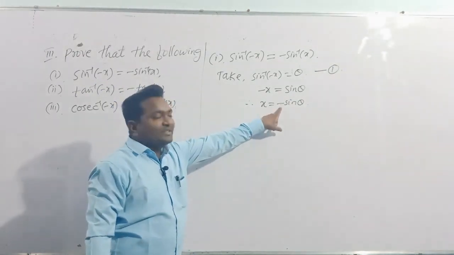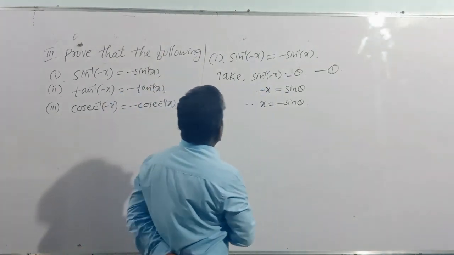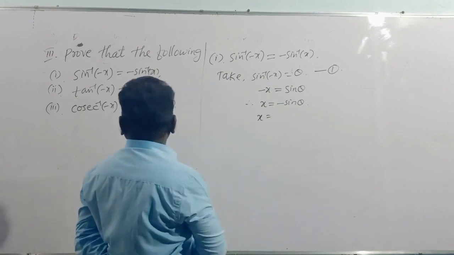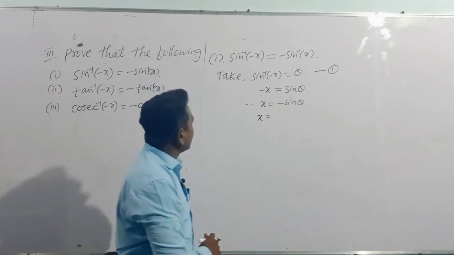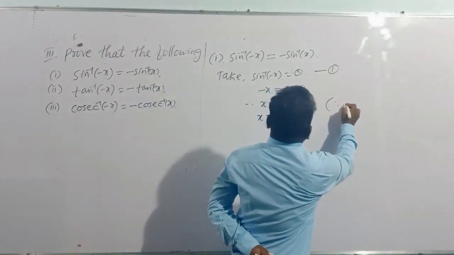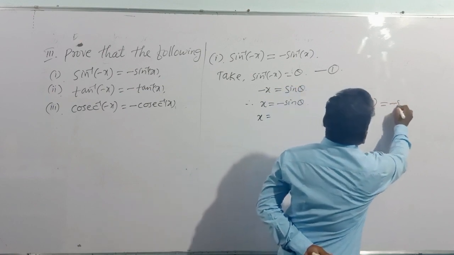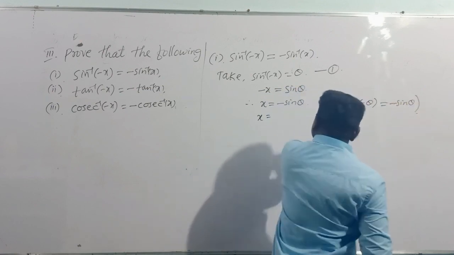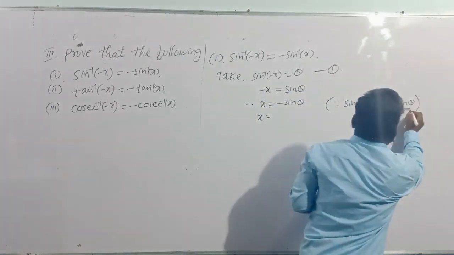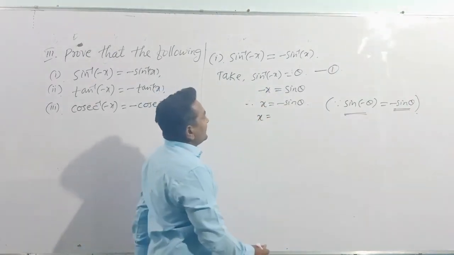You have to cancel out this negative sign. Already we know sin of minus theta equals minus sin theta, so in place of minus sin theta we put sin of minus theta.